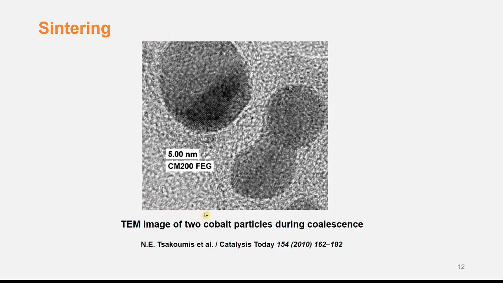This is a transmission electron microscopy image of two cobalt particles coalescing on a catalyst support surface. Here we can see two small cobalt particles, and when they combine, they may look like this big one here.